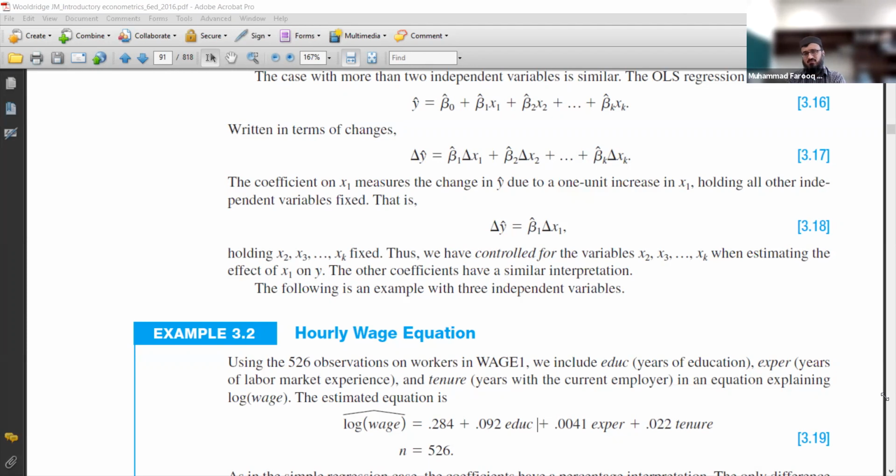But this is still good enough for the kind of questions that we were asking. If you want to compare two specific kinds of individuals, sure, your regression will tell you the difference in their predicted wage, predicted log wage.